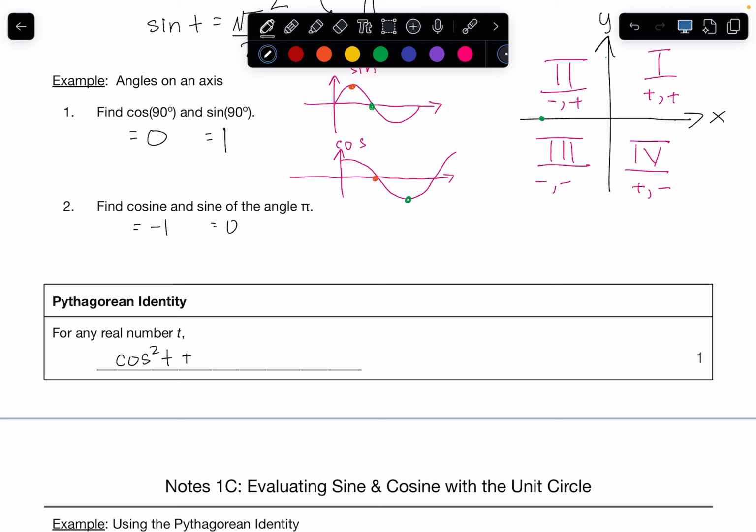Sine. So y squared is sine squared. That's leg squared plus leg squared, x squared plus y squared, sine squared plus cosine squared, equals hypotenuse squared. Hypotenuse is 1, 1 squared is 1. Cos squared plus sine squared is 1. Yes.